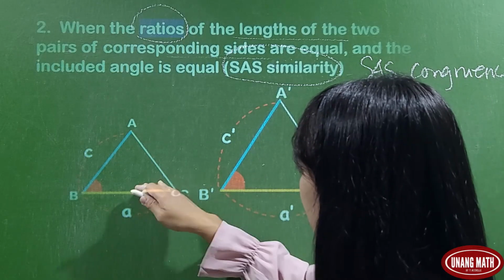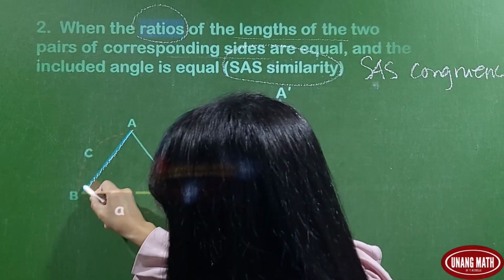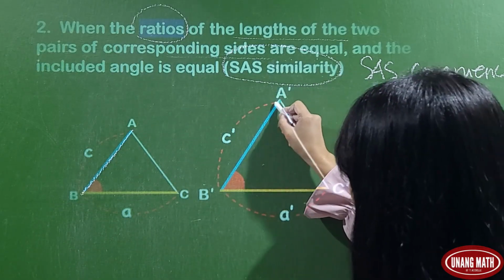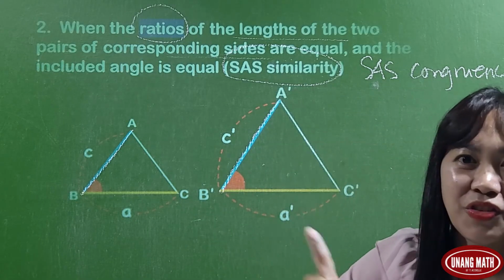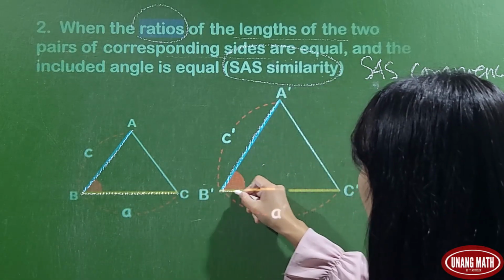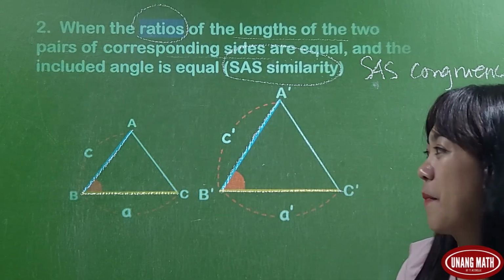We have here these two triangles. This side AB in this triangle corresponds to side A prime B prime in the other triangle. Side BC corresponds to side B prime C prime.